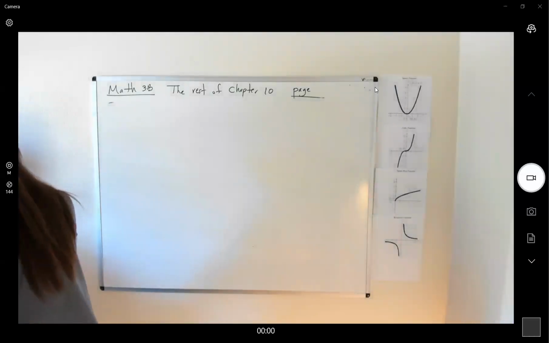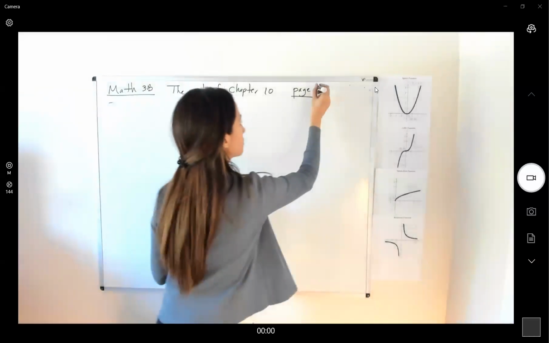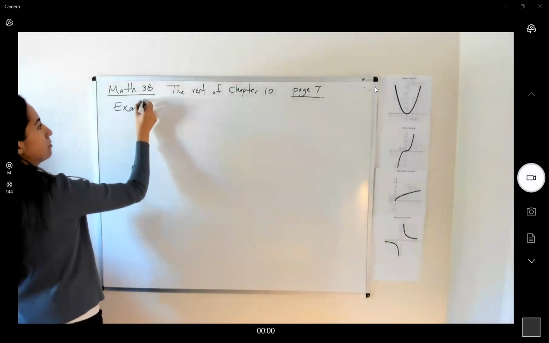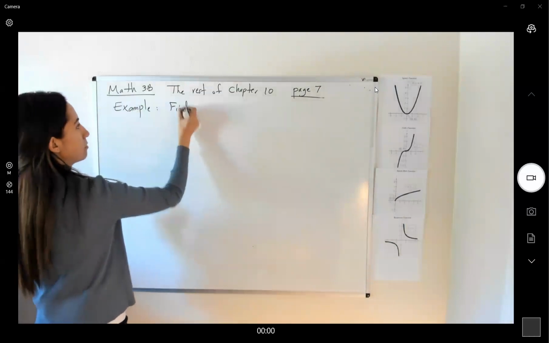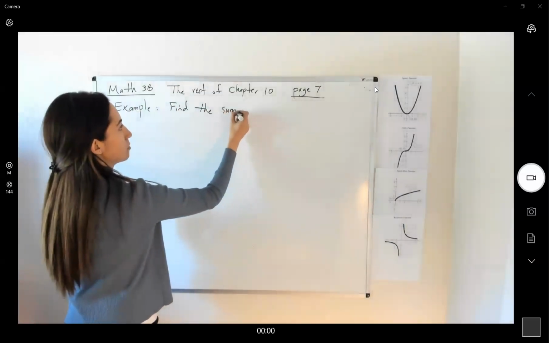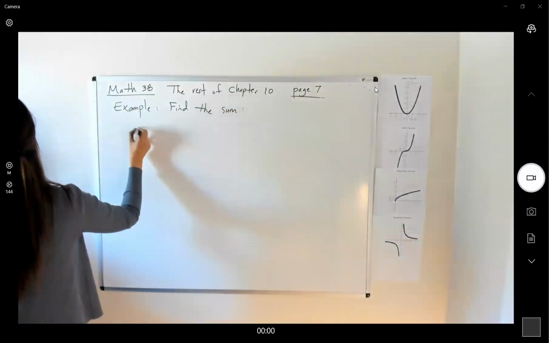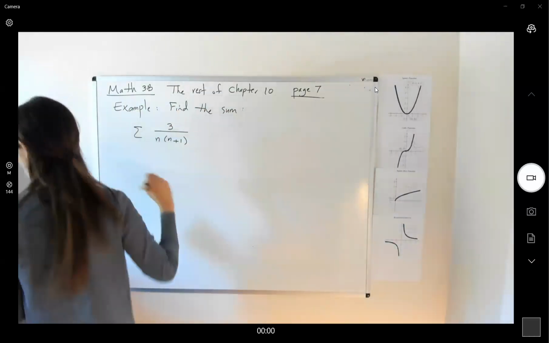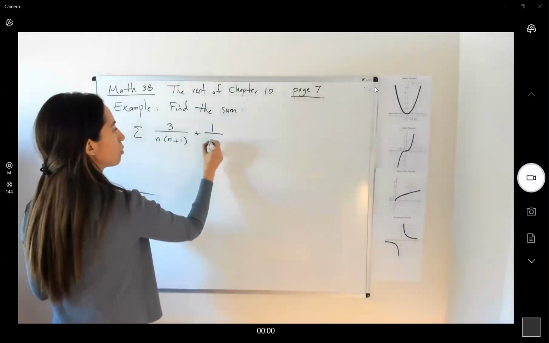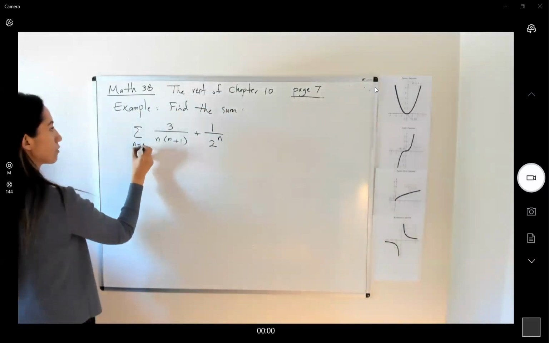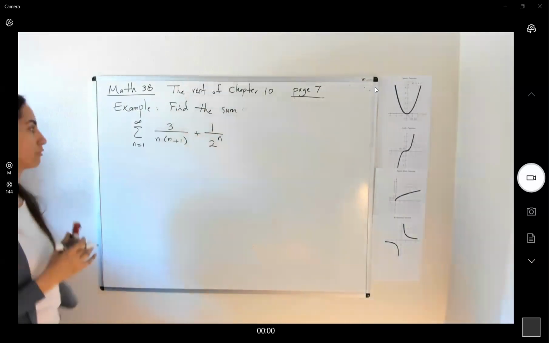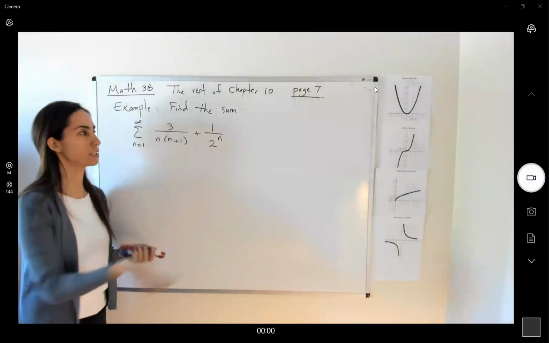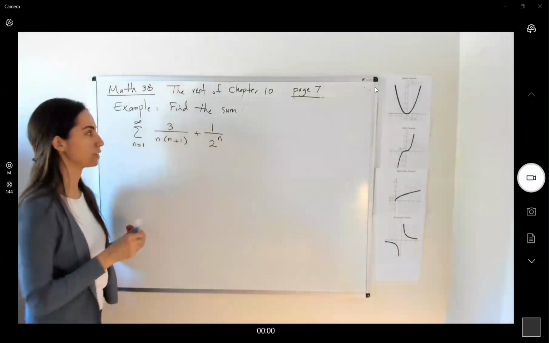We are on page 7. The example says, find the sum. So here you have this series, 3 over n times n plus 1, plus 1 over 2 to the n, n starts from 1 and goes to infinity. So let's try to analyze this series and see what we have.